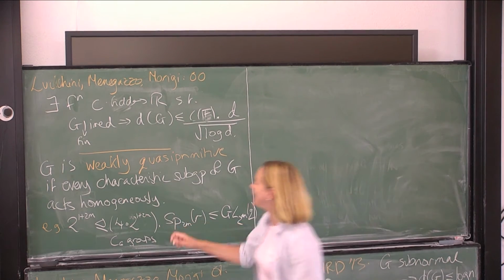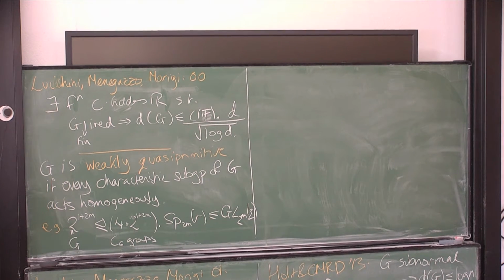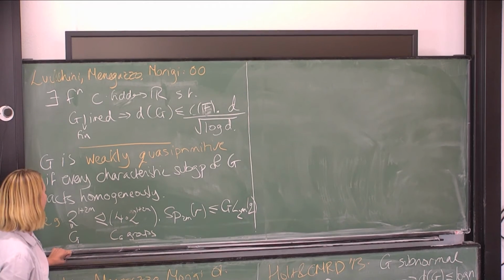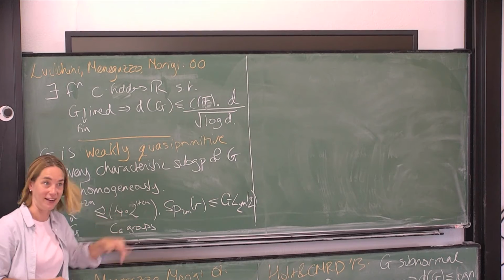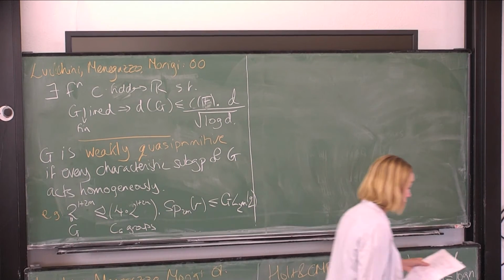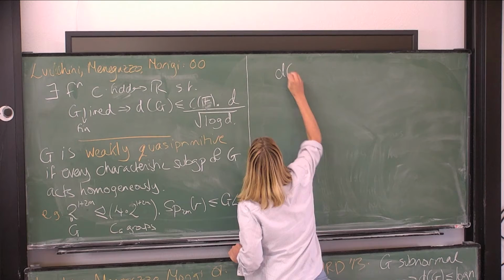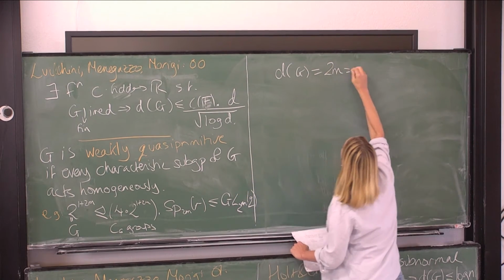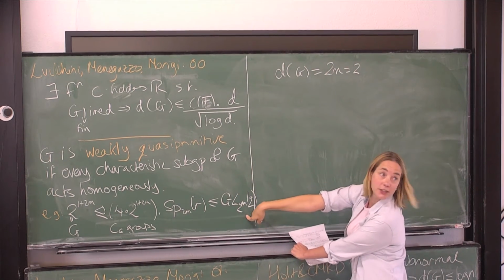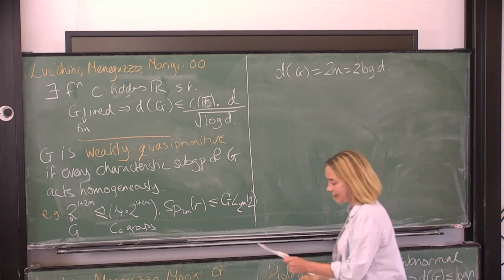So if I take this normal subgroup as my group G, then I need 2m generators for it. And this is definitely a weakly quasi-primitive group. This is a primitive group even. So the minimal generator number of this group G is 2m, and what's my dimension? It's 2 to the m, so that's twice log d.